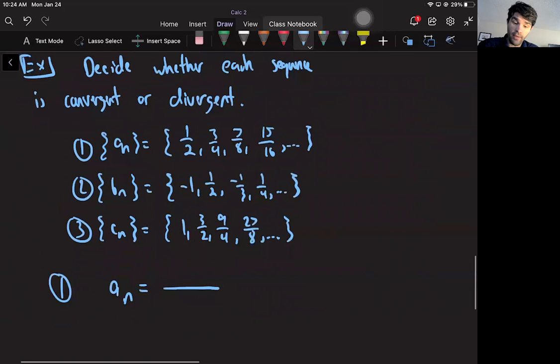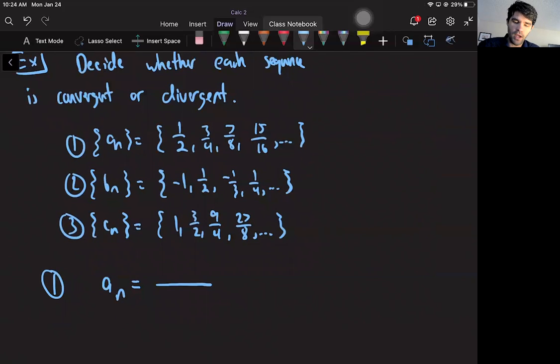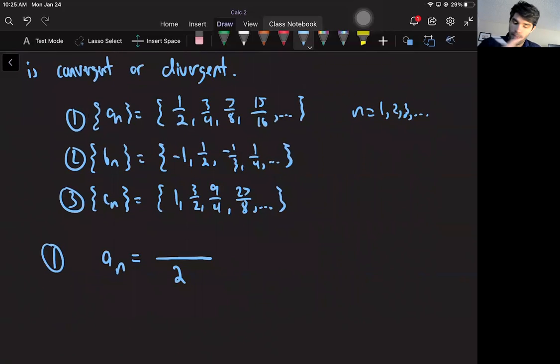Well, on the bottom, it's just powers of 2. And if I start counting from 1, then the power of 2 on the bottom starts at 1 as well, because a 1 is really 2 to the 1 on the bottom.